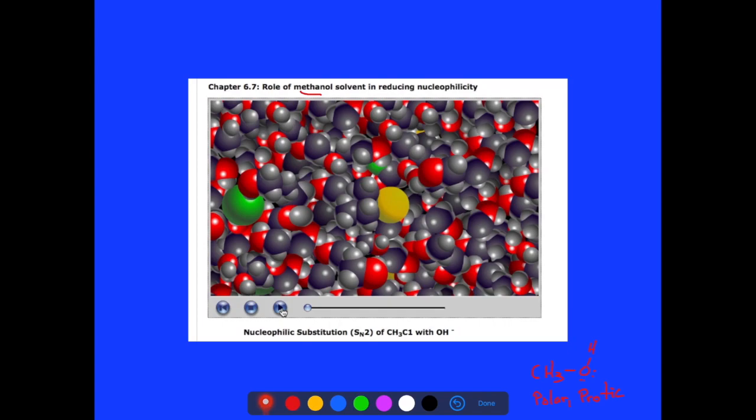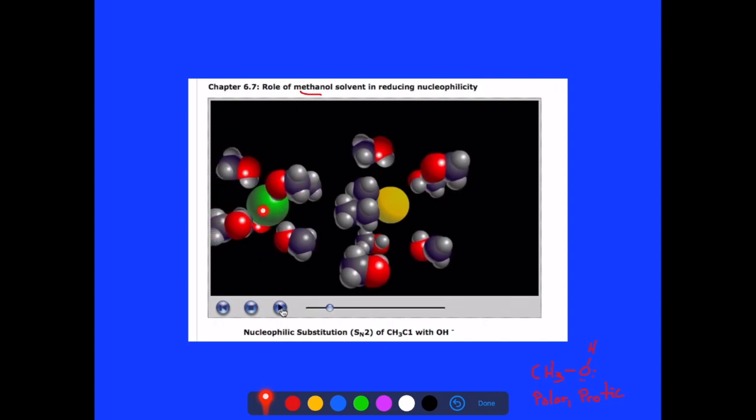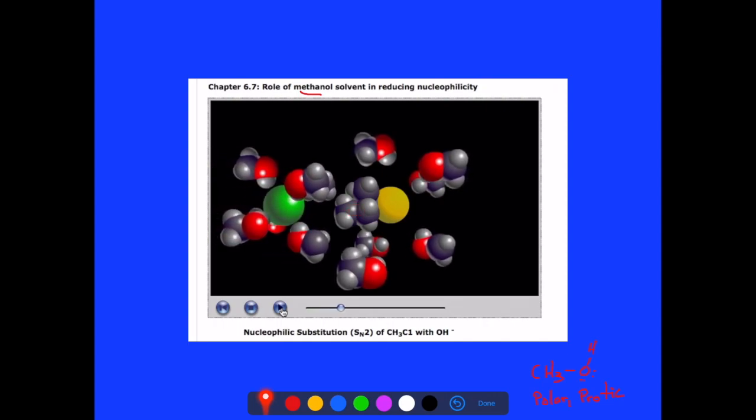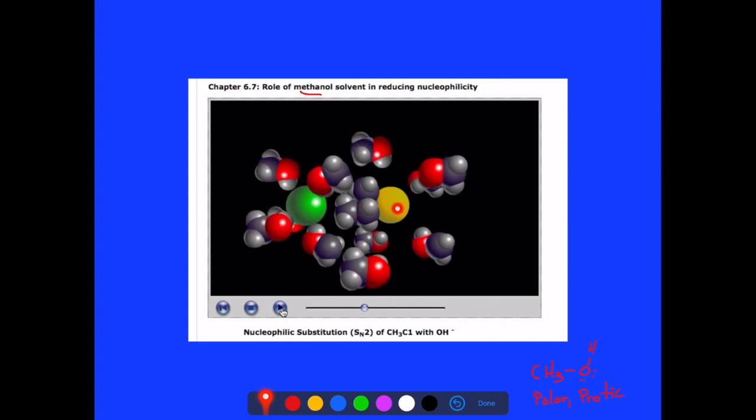In this case, the OH minus is going to react here with the CH3Cl, and the OH minus, of course, is going to be the nucleophile. This animation, and I'll start it here, is going to help illustrate how methanol is holding on to OH minus, not allowing it to attack and be attracted to this CH3. Here's the Cl that's coming in.